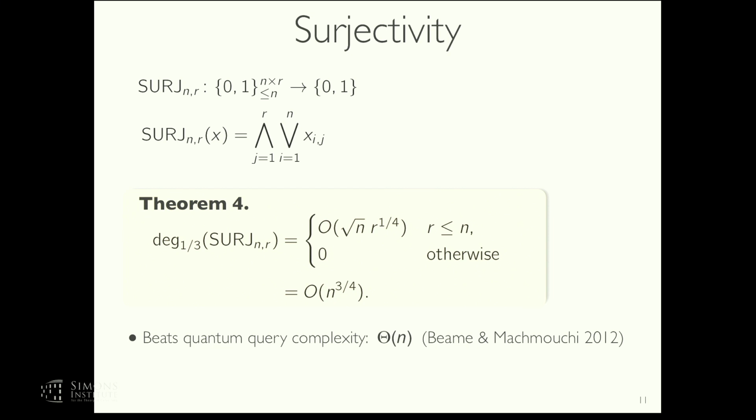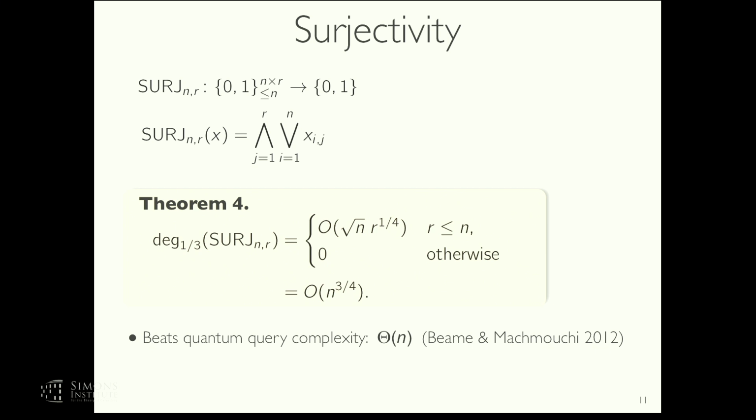It was conjectured, agreed upon, I should say, or hypothesized by all experts that this is also the right answer for approximate degree, which would have a variety of other applications. So that would be a terrific state of affairs if that were true.